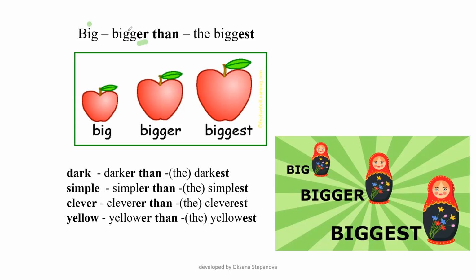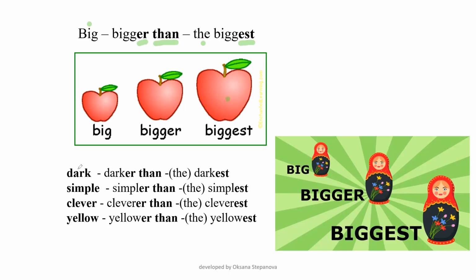That's why we have here a double G. And we add er because it is a 1 syllable adjective. Then when we compare something, we add than. This apple is bigger than that apple. And we have superlative degree. We just say the biggest. We add another suffix, est. This apple is the biggest apple out of all.